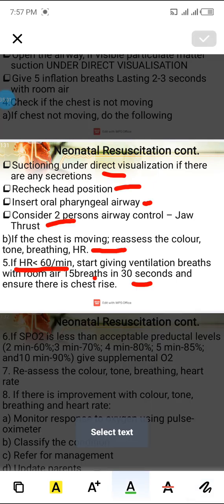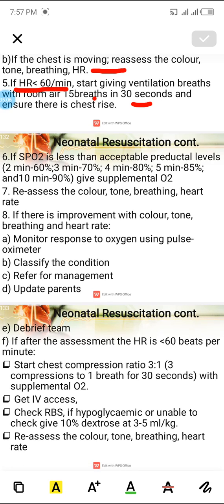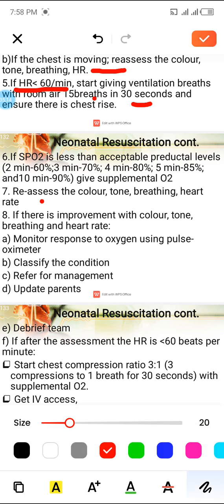Then you go into reassessment again because you've provided oxygen: the same reassessment of color, tone, breathing, and heart rate.